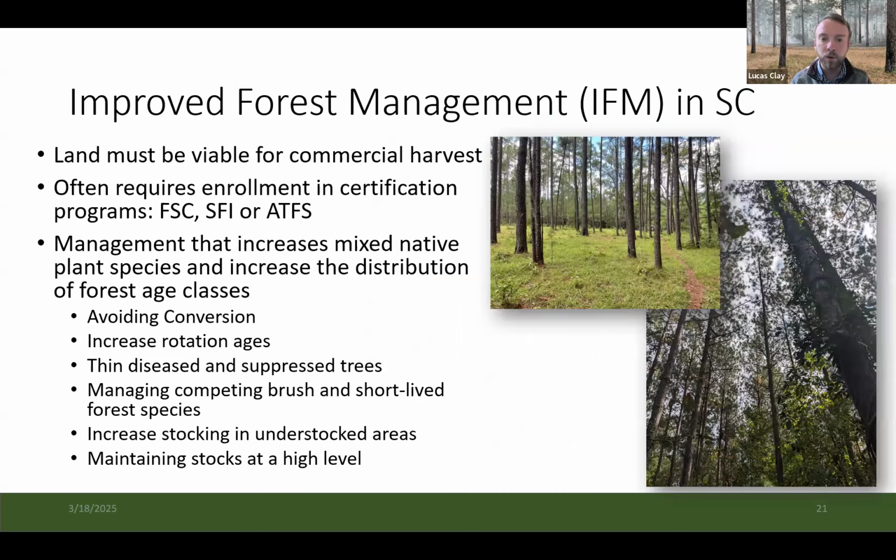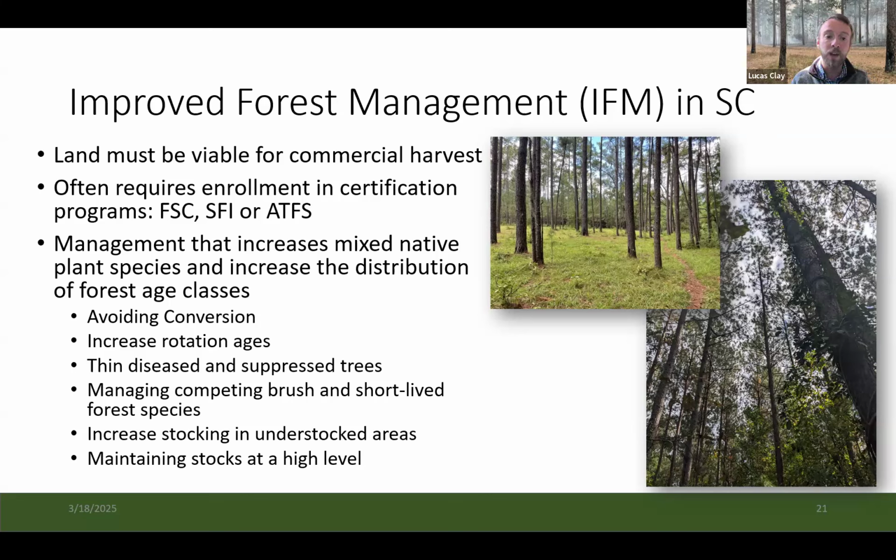So a couple tenets of improved forest management in South Carolina. Improved forest management is one of the project types where we're taking maybe a lower productivity stand and we're changing that management, as I showed in that example before, to increase carbon sequestration with new types of management. So a couple important tenets is that the land must be viable for commercial harvest. And then it also requires enrollment in various certification programs like the Forest Stewardship Council, Sustainable Forestry Initiative, or the American Tree Farm System.